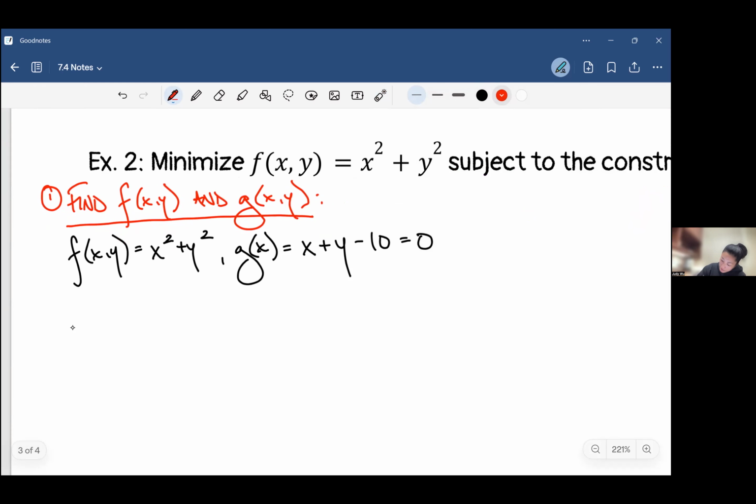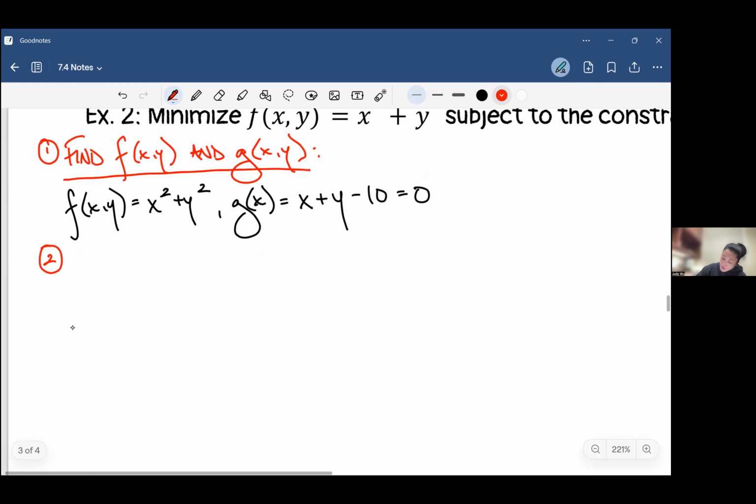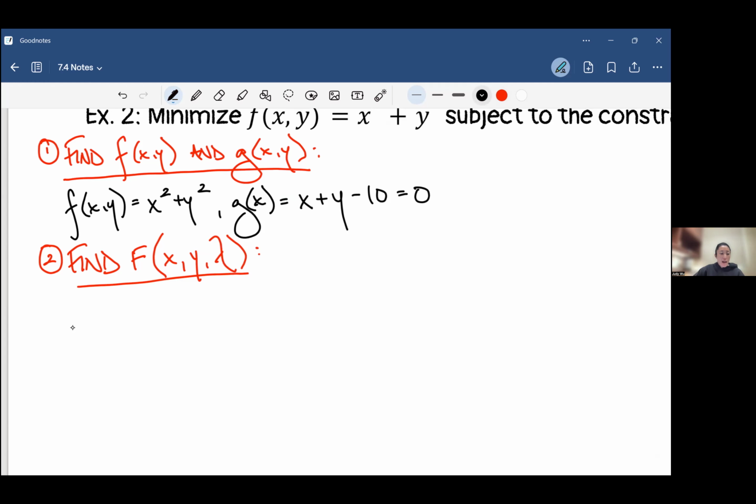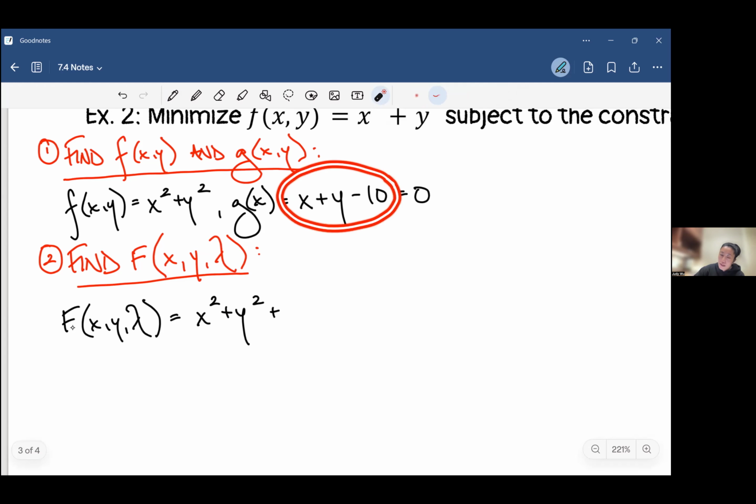All right. After we find our f of x,y and g of x,y, we're going to find our capital F of x, y, and lambda. And so when I do that, I get F of x, y, lambda equals my f of x,y, x squared plus y squared, plus lambda times x plus y minus 10.